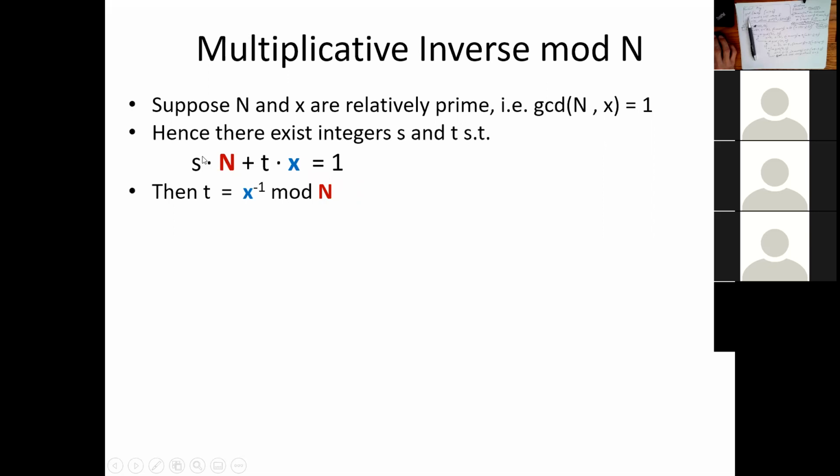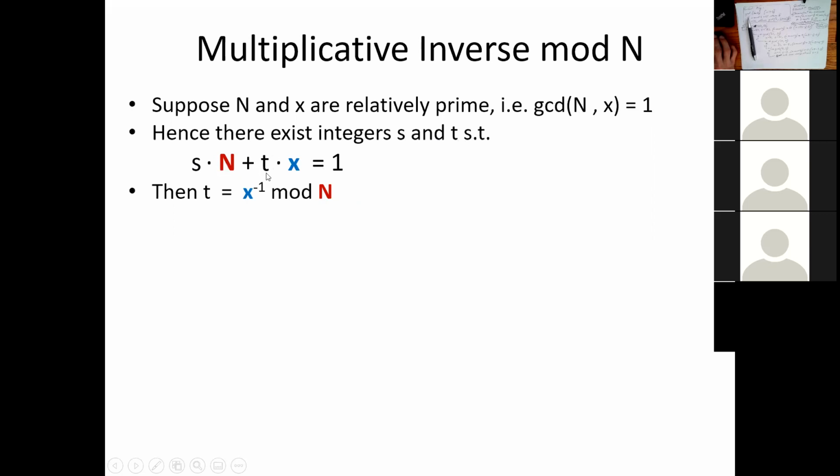If two numbers are relatively prime, the GCD is 1. But by the extended Euclidean algorithm, there must be coefficients S and T which will make this true. That follows from the extended Euclidean algorithm, which moreover finds them.